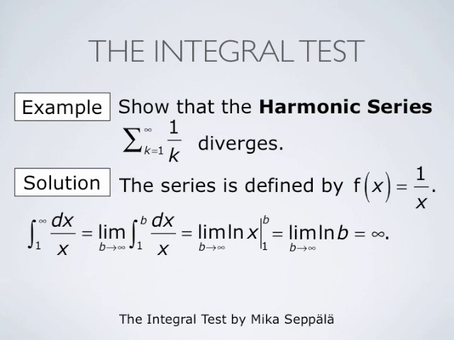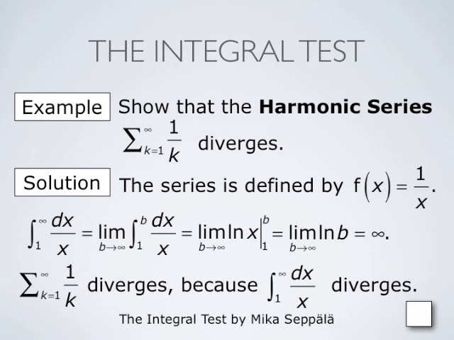Therefore, we conclude that the improper integral from 1 to the infinity dx divided by x, which is limit as b goes to the infinity, log of b, diverges, because this limit is not finite, this limit is the infinity. And since this improper integral diverges, we now conclude by the integral test that the harmonic series summation k from 1 to the infinity 1 over k also diverges.